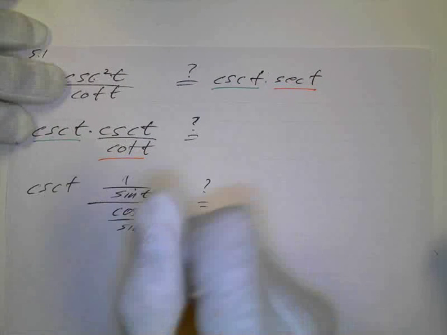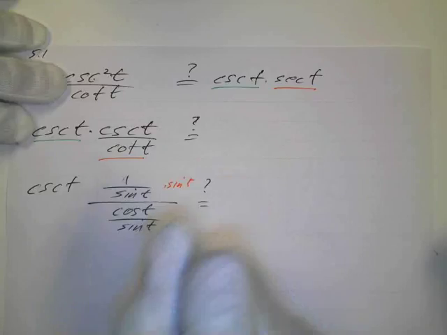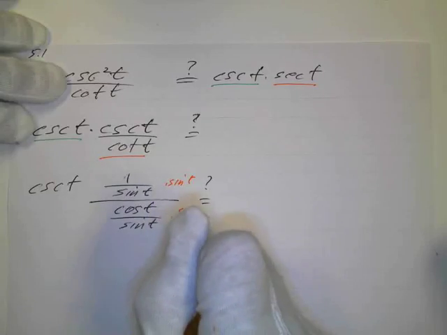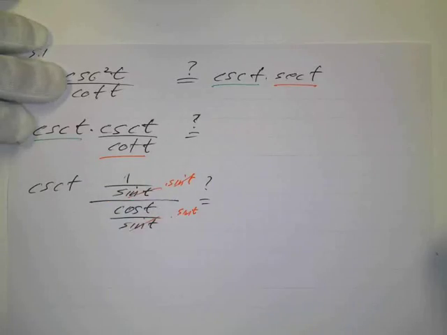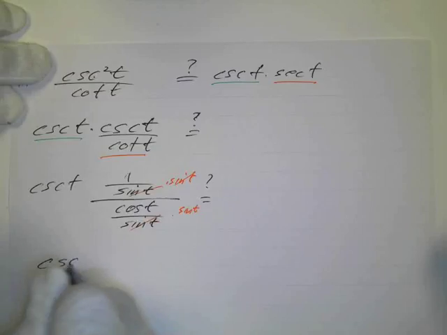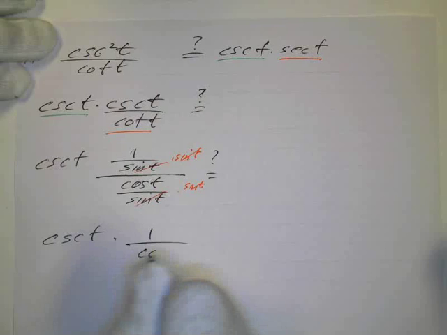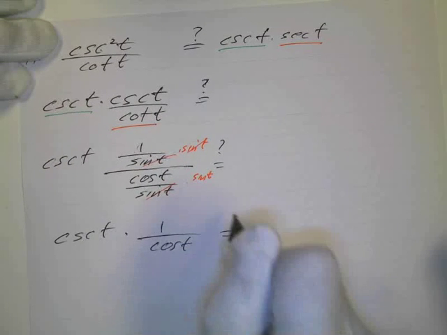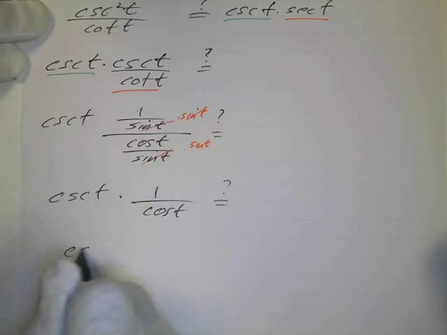So now I got a complex fraction. Can I multiply the top and the bottom by the LCD, which is the sine of t? Yes, multiply the top and the bottom by the sine of t. So those cancel, and I just end up with 1 over the cosine. So I got the cosecant of t times 1 over the cosine of t. Well, what's 1 over the cosine of t?